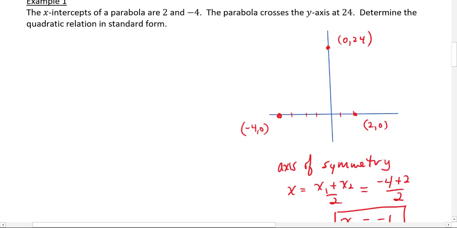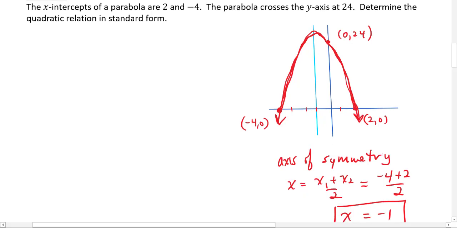So let's add our axis of symmetry. So we'll draw it right here. There we go. And now if we sketch that parabola, we know we're going to have a maximum where our axis of symmetry is. We don't know what it is, but that's okay. So there is a sketch of that parabola.